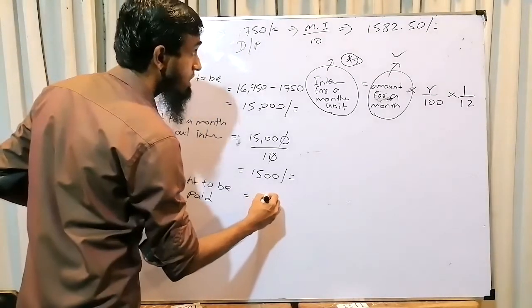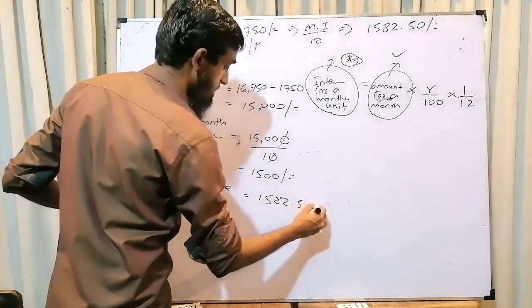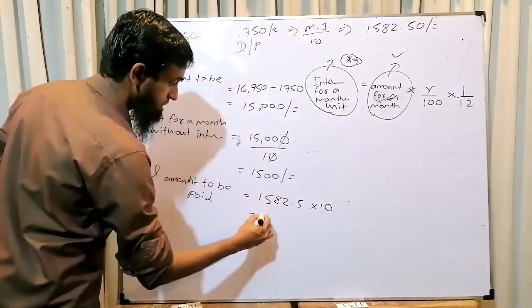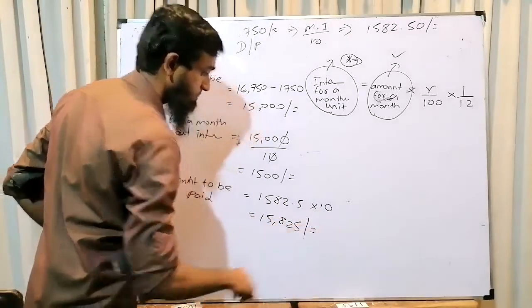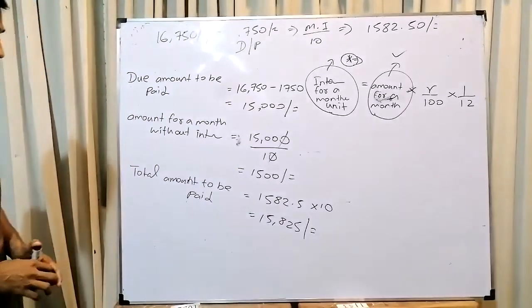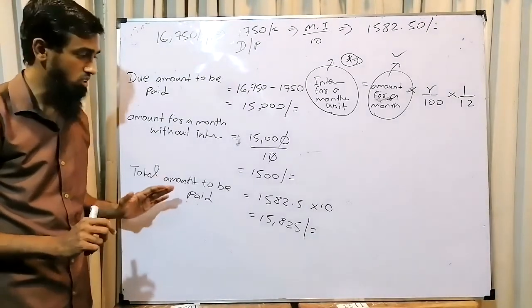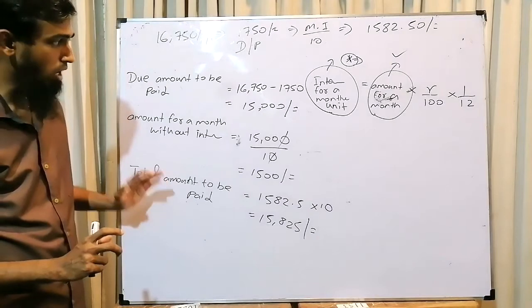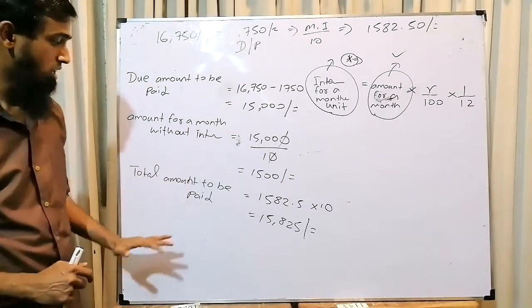1,582.5 into 10. So it is 15,825 rupees. So at this point, just look at the data you have found and think, what is the reducing loan balance?